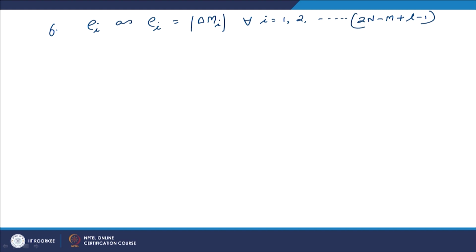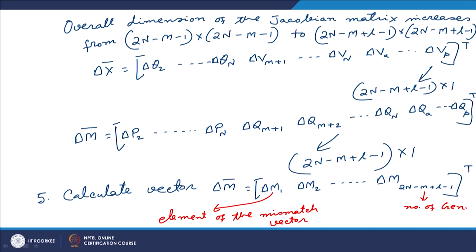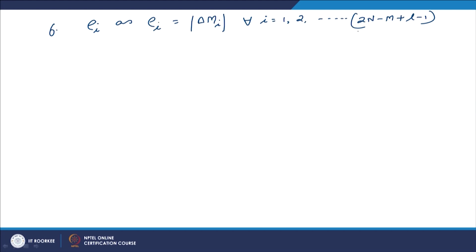We simply take the absolute value of this, this, and this. We compute the absolute value of all the elements of the mismatch vector.